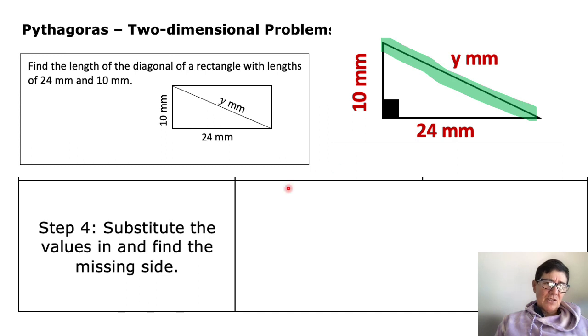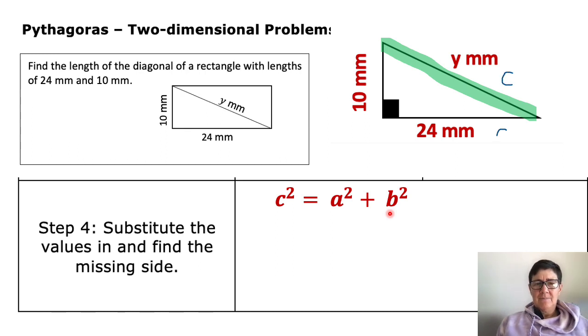We're going to substitute the values in and find the missing side. So here's the formula. C squared equals A squared plus B squared. I'm going to put C, A and B on my picture. C, always the hypotenuse. A and B, remember it doesn't matter if that's A or if that's A, but we're going A and B today.